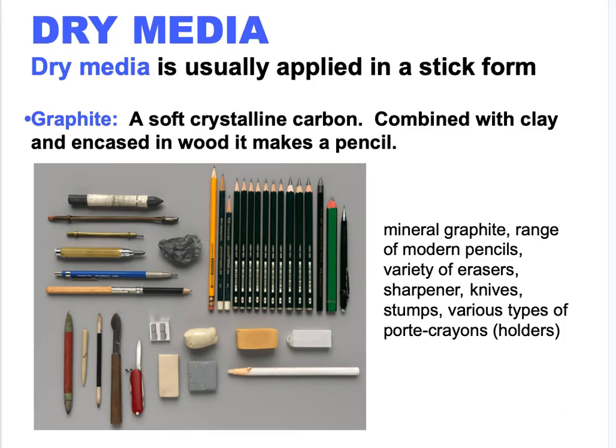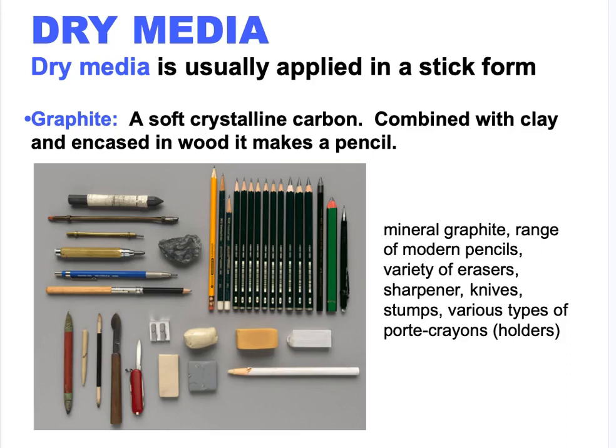So what is graphite? It's a soft crystalline carbon. Again, it's a naturally occurring substance, but we combine it with clay and encase it in wood to make it a pencil, like you're familiar with.